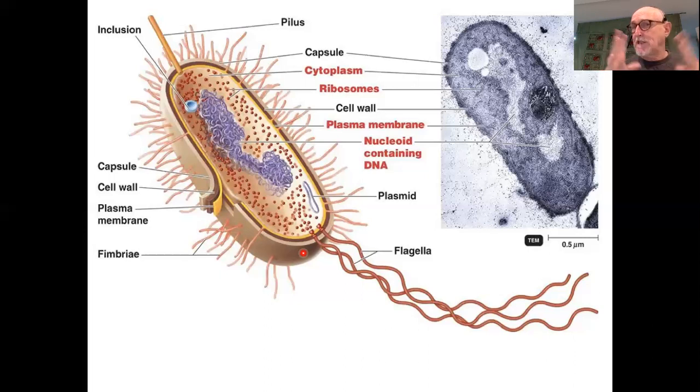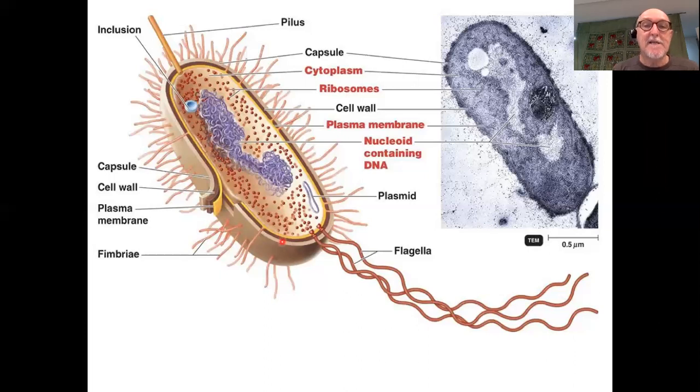So it's a way of the bacterial cell shielding itself from immune attack. We'll see that in pathogens, the capsule can often be very, very important because the first stage of infection is usually attachment onto a host cell surface.